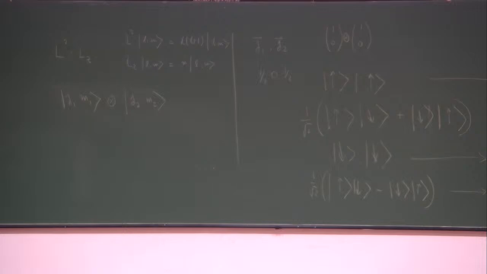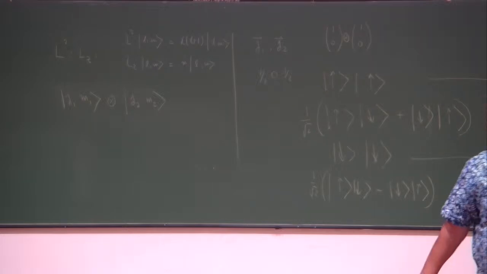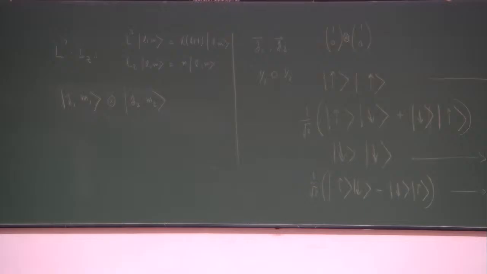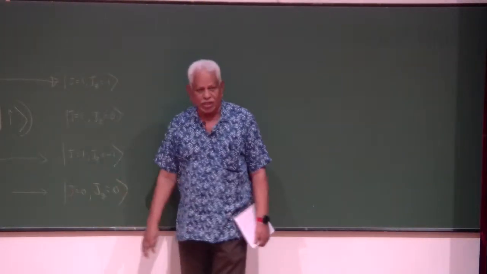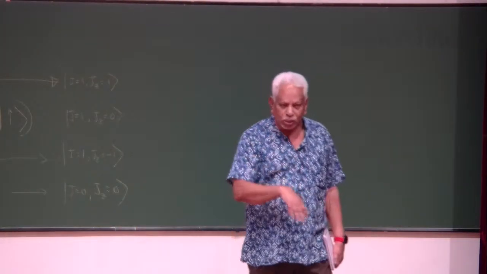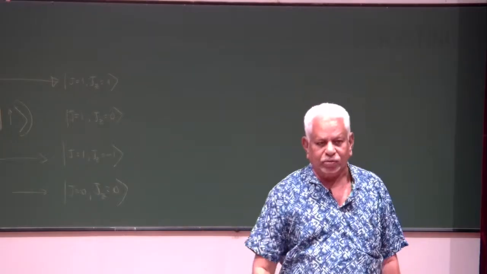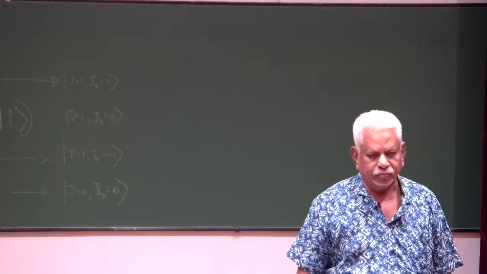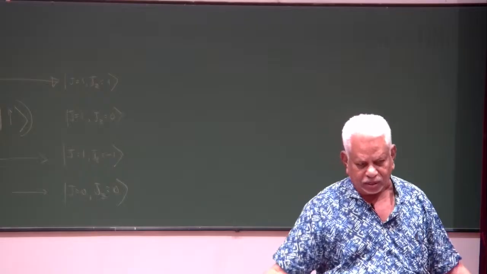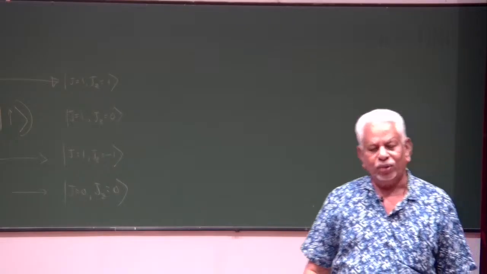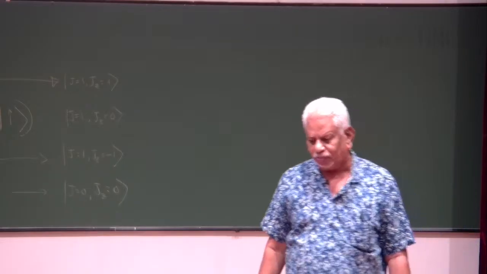Now the question is, like in this case, when I combined two spin half, I had a spin 1 and a spin 0. Like that, I can ask the question, what are the spins that will be available? Now we can intuitively start arguing.